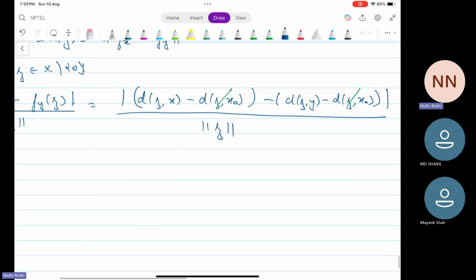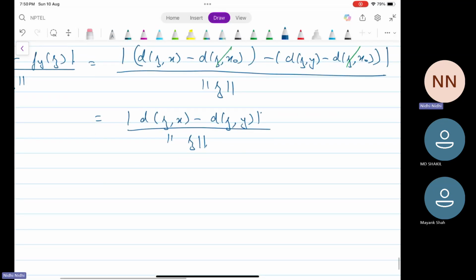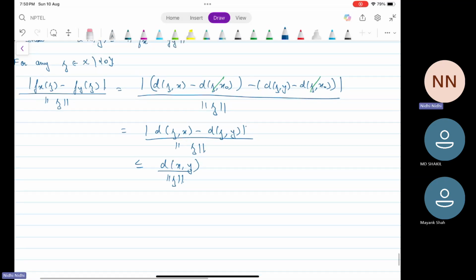So this is equal to |d(z,x) minus d(z,y)| by norm z, and this is less than or equal to d(x,y) by norm z.